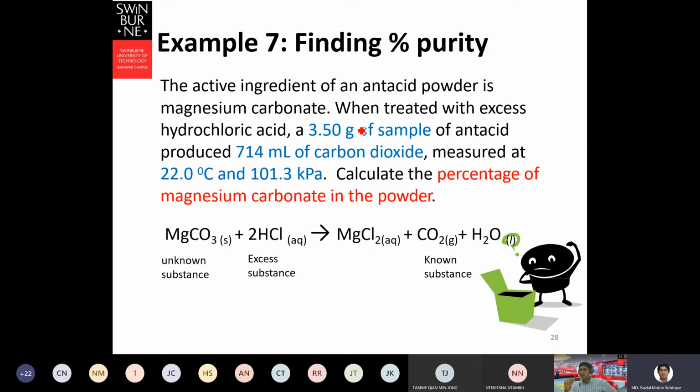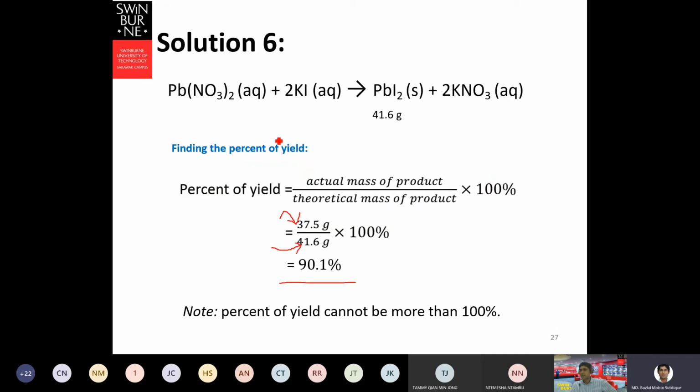When treated with excess hydrochloric acid, note that hydrochloric acid is in excess, so magnesium carbonate is the limiting reactant. A 3.5 gram sample of antacid powder produces 715 milliliters of carbon dioxide. Again, different units are being used here.